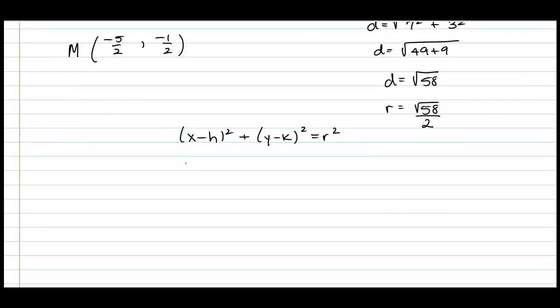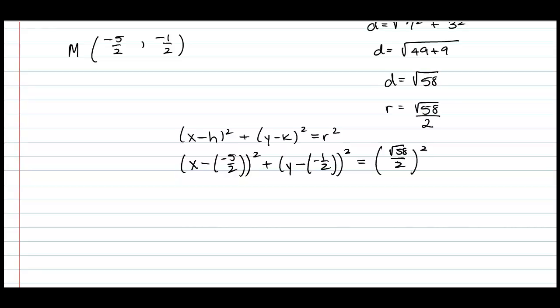The equation to our circle is going to be x minus negative 5/2 squared plus y minus negative 1/2 squared is equal to the square root of 58 over 2 squared. Remember, when you square a fraction, you must square both the top and the bottom.